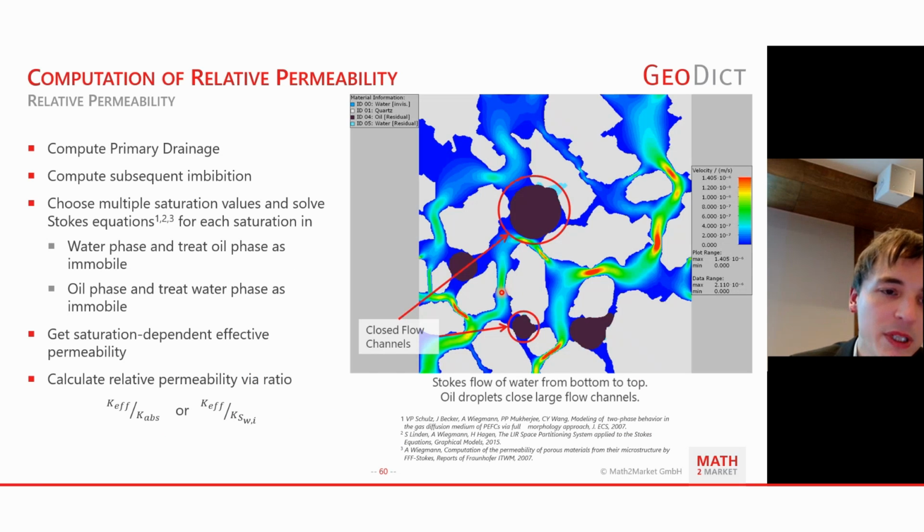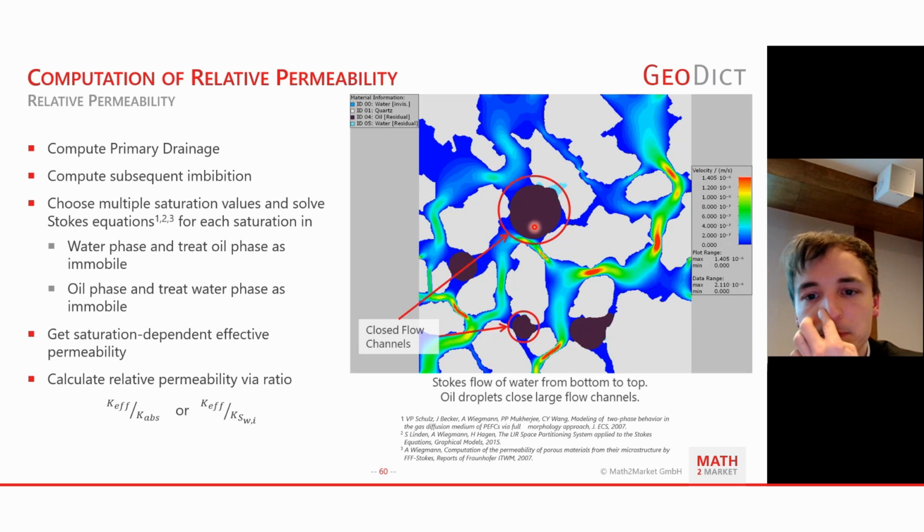But how is the relative permeability computed in GeoDict? As I was mentioning before, we have a quasi-static method for distributing the phases during two-phase flow. On the right-hand side, you can see how that would look. You can see the water phase with different fluid flow velocities flowing around these oil droplets that are clogging the pore space and reducing the permeability for the water phase.